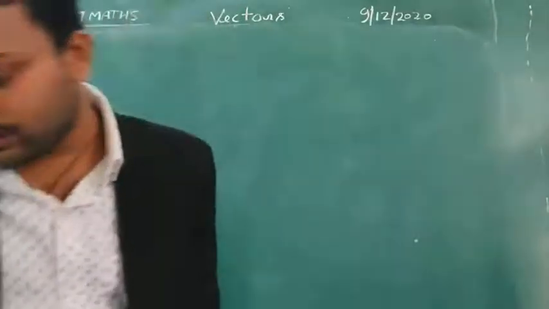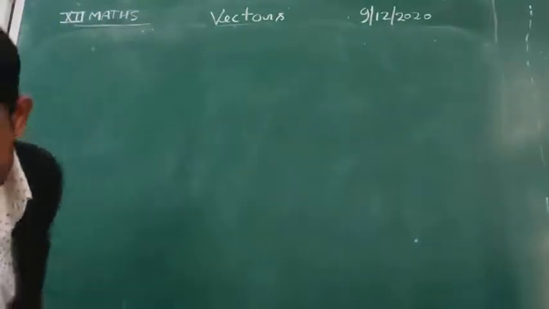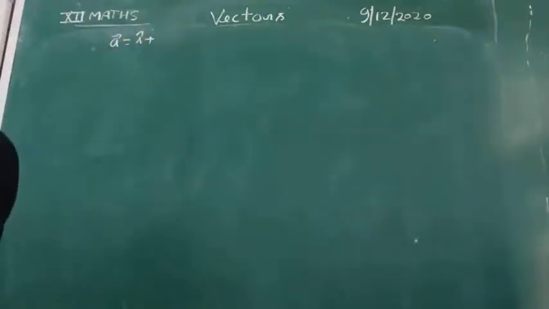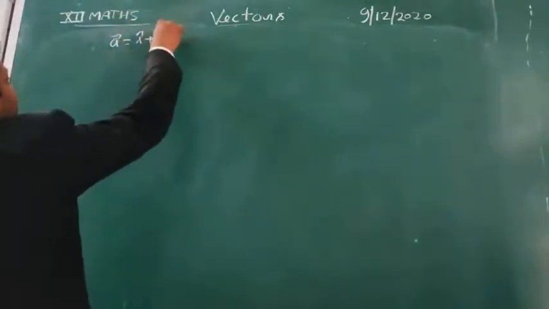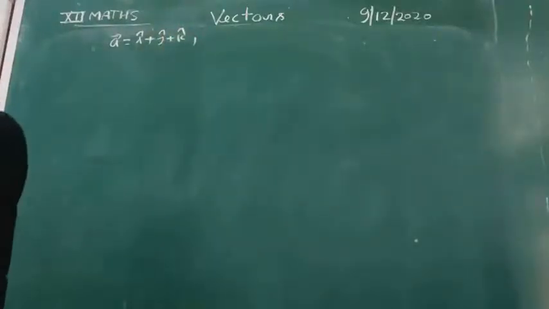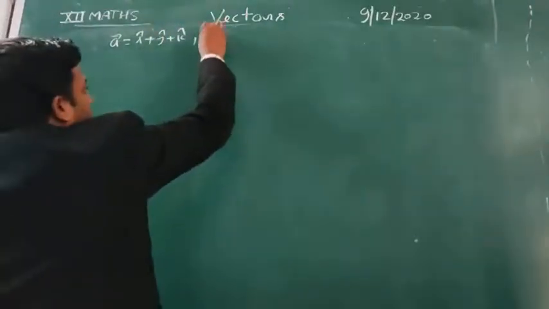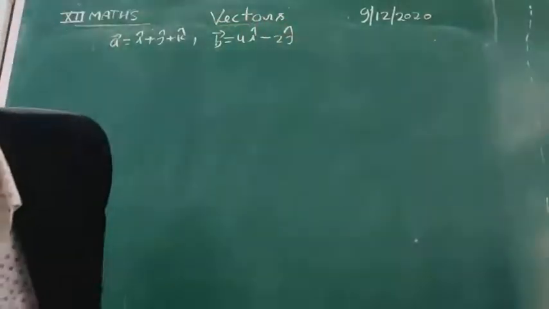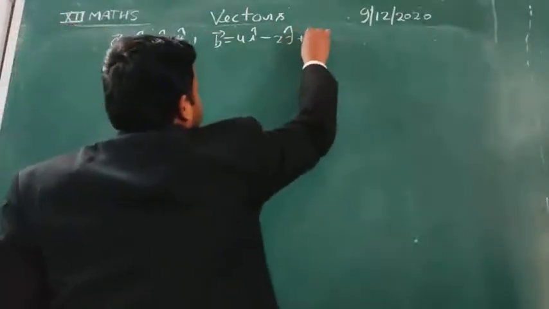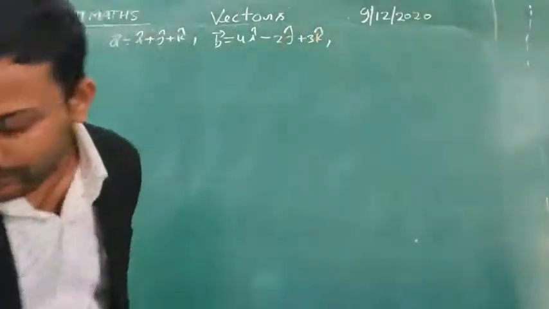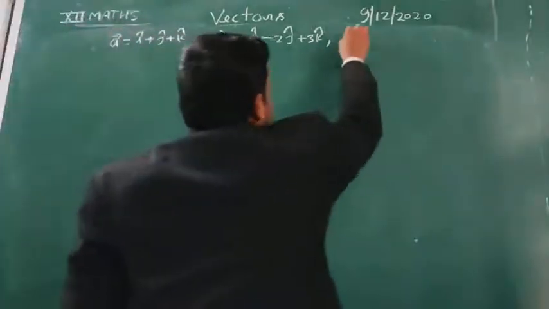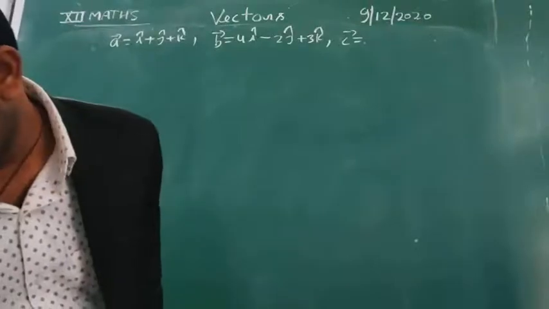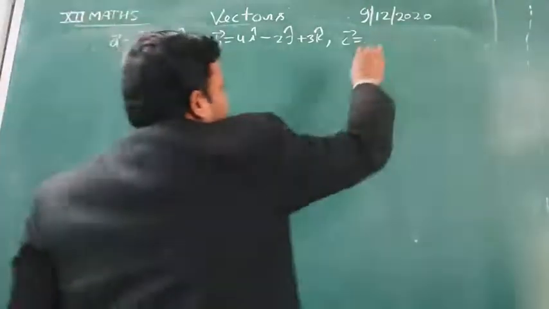Our next question is: our vector A is i plus j plus k, and B is 4i minus 2j plus 3k, and C is i minus 2j plus k.